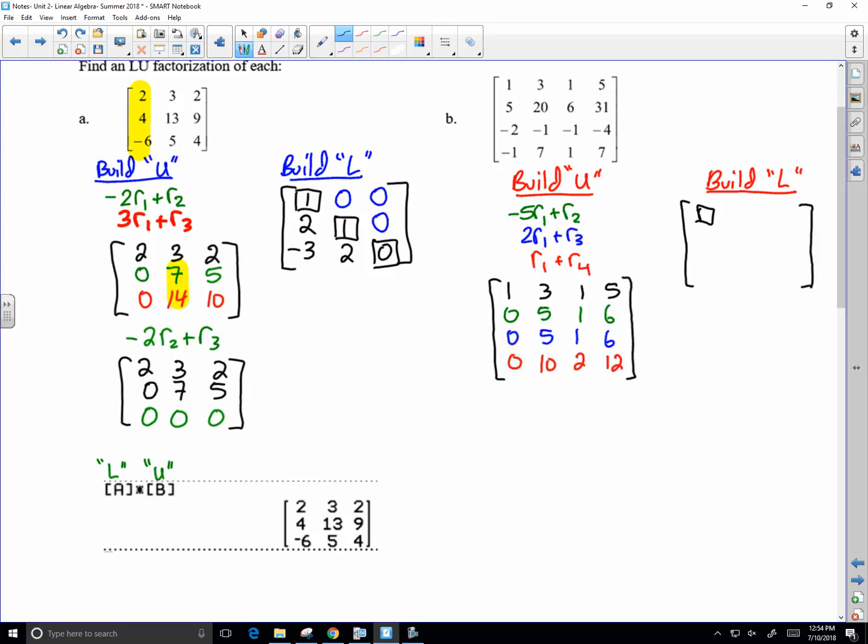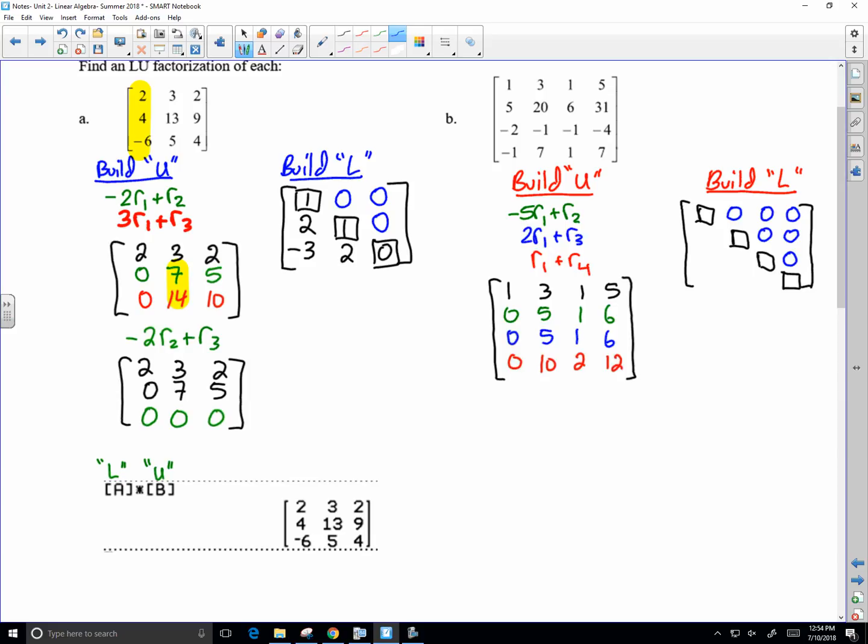Alright, so we'll have our entries along the main diagonal. Above those entries would be the 0 entries. We can't assume ones along the main diagonal because of the previous example.